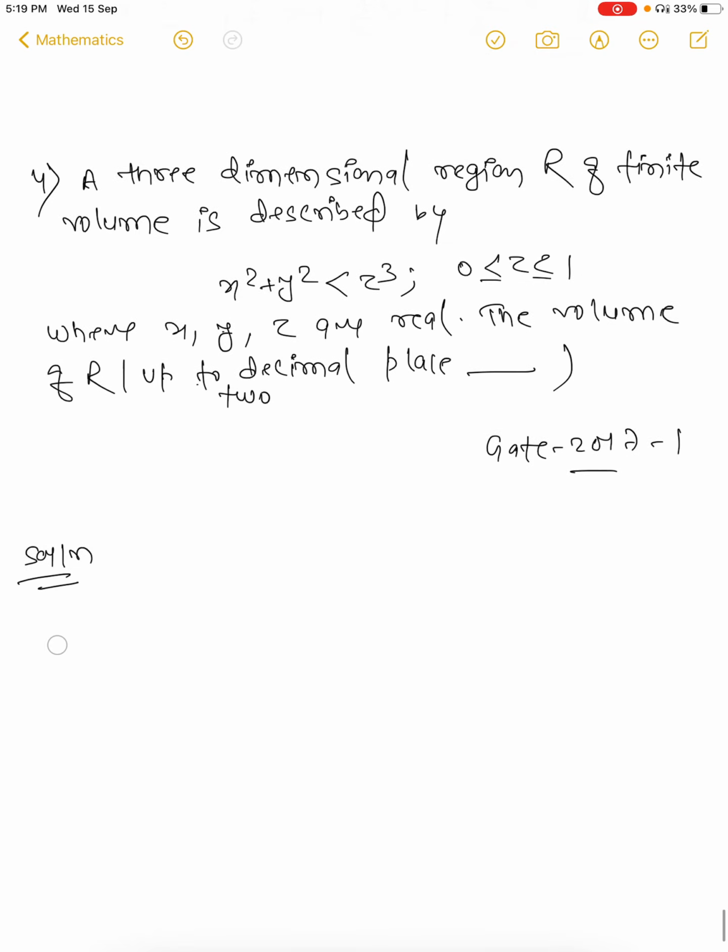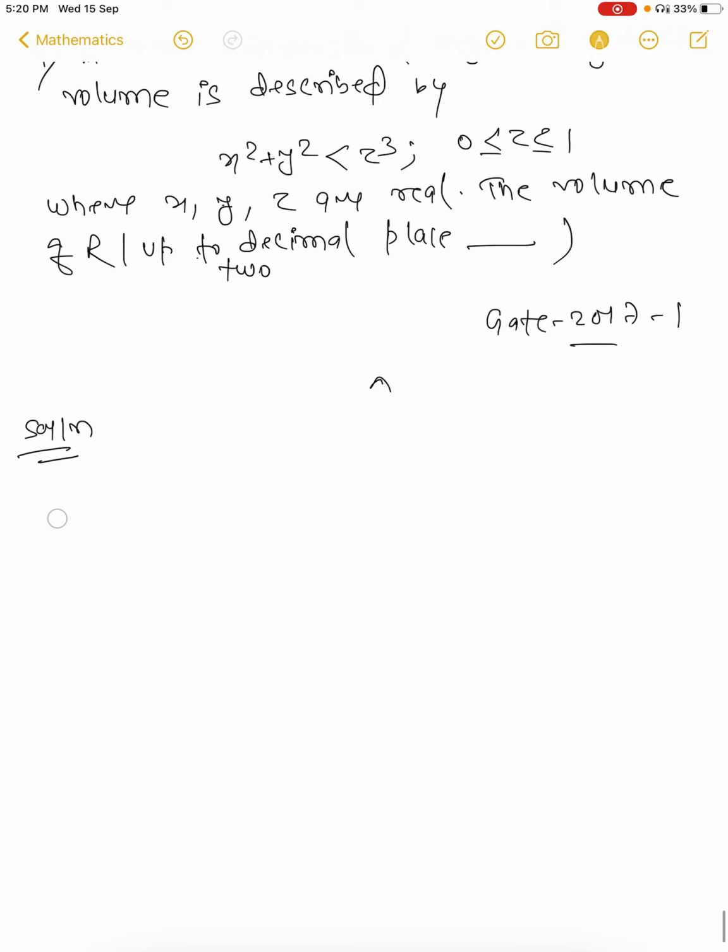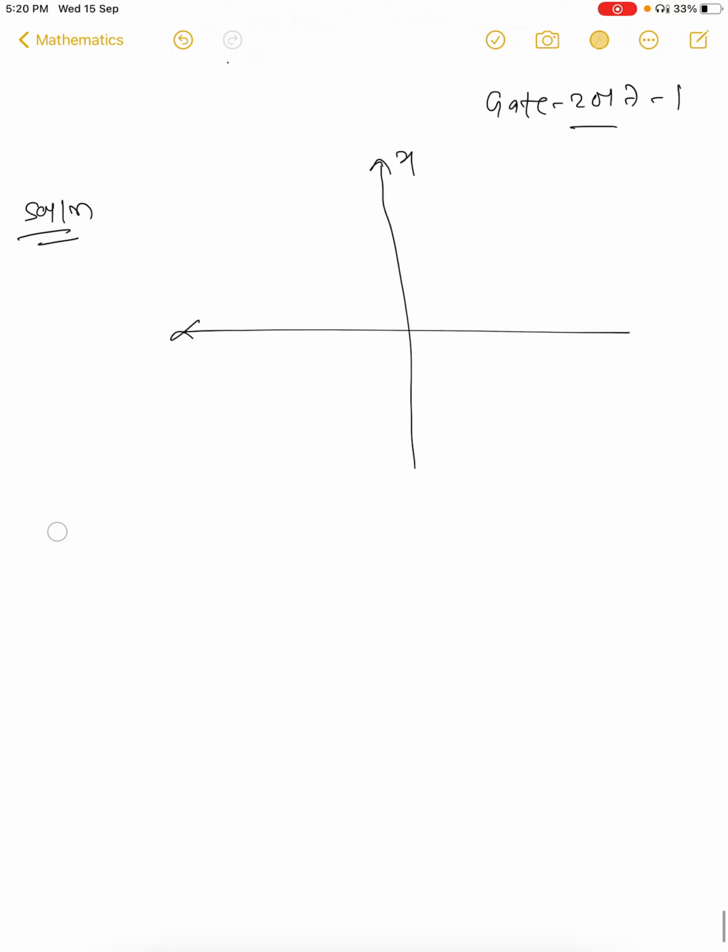See, this one is x square plus y square less than z cube, in the region of 0 to 1. So take it: this one is the x axis, this one z, and let us consider this one is the y.